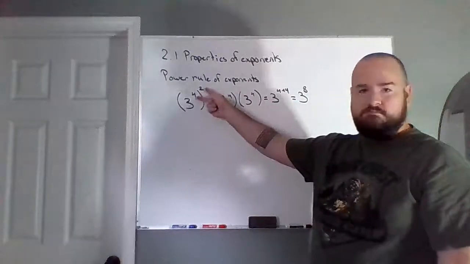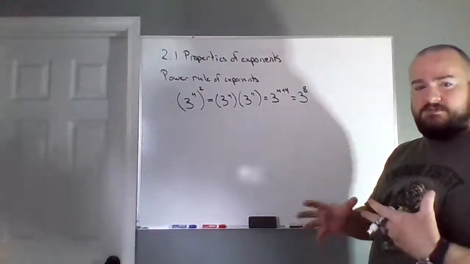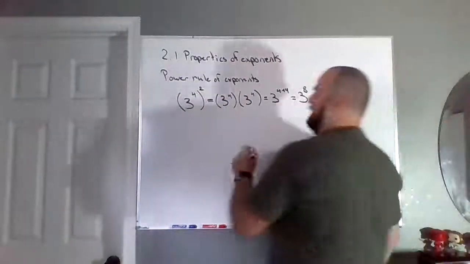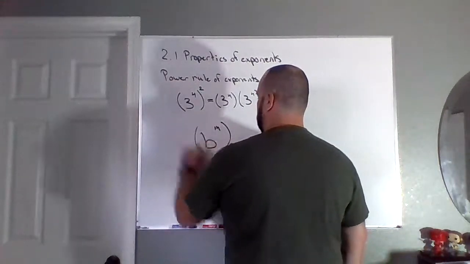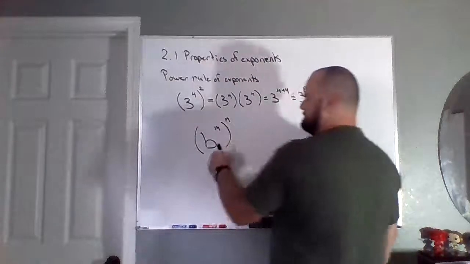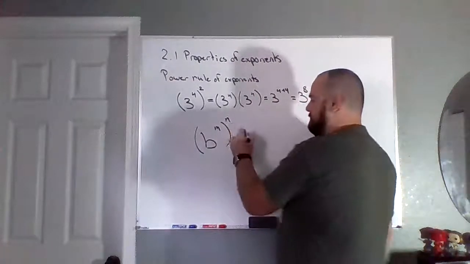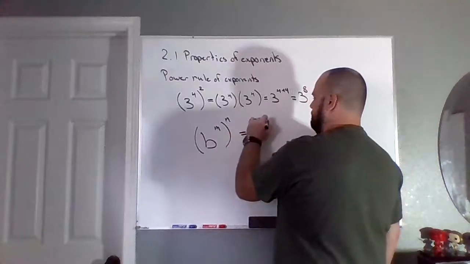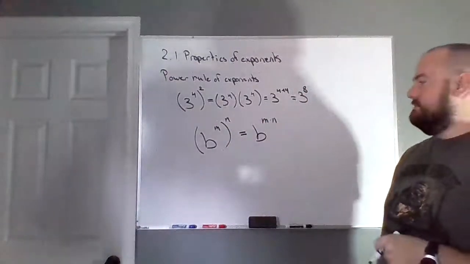And that's right, we just multiply these guys. It's just a repeated application of the product rule. So our power rule of exponents becomes very simply, if I have some base to a power, and then that whole thing is raised to another power, we multiply their exponents together.